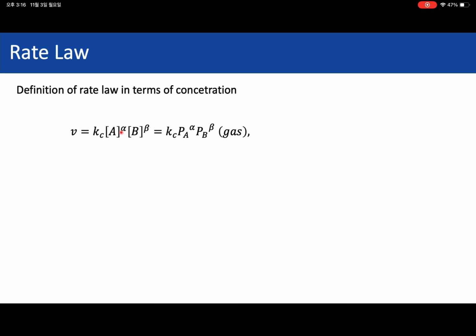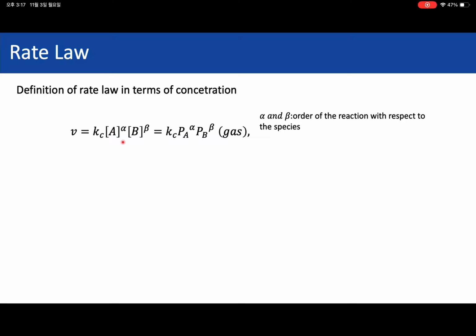and replace the molar concentration with the pressure. But one thing you have to remember: the powers alpha and beta are called the order of the reaction with respect to each species.